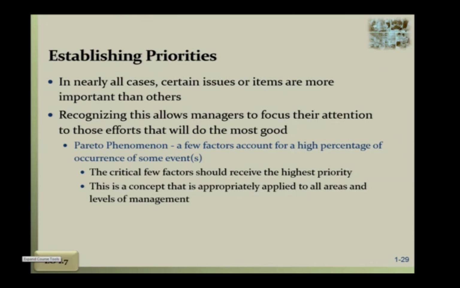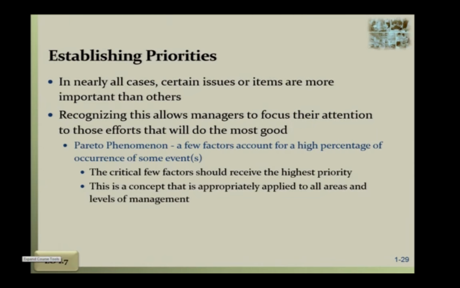So if there's a problem with, let's say, an airline, looking at the complaints, you may see complaints coming from many different types, but maybe arrival and departure delay, lost luggage, and poor food may be the major ones.